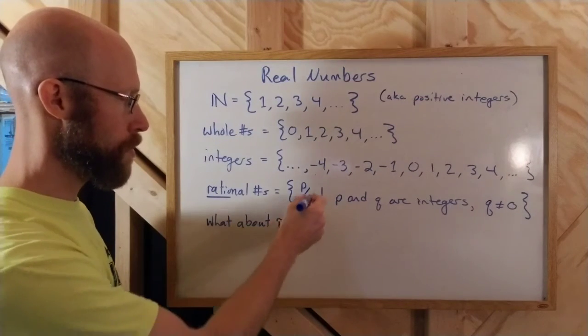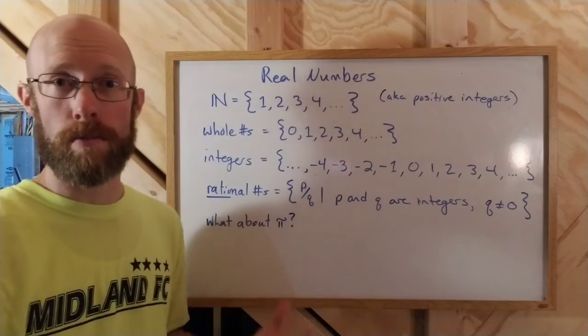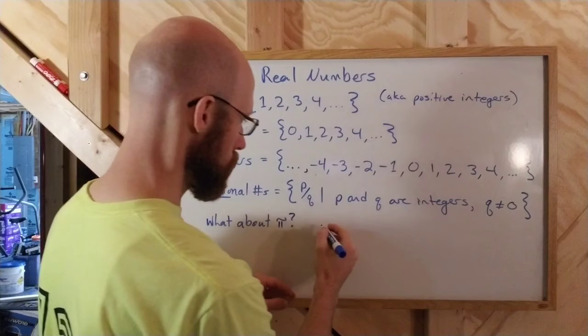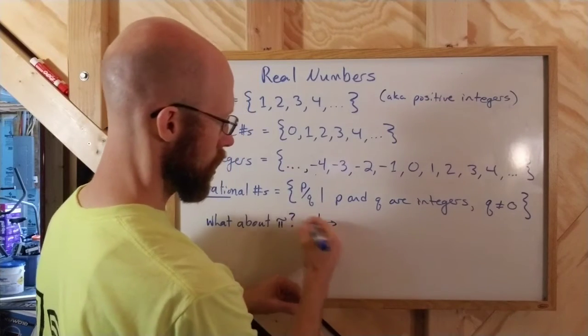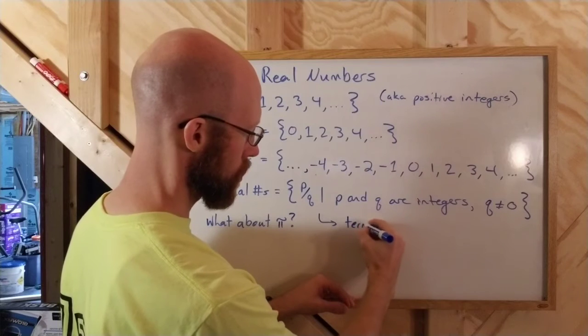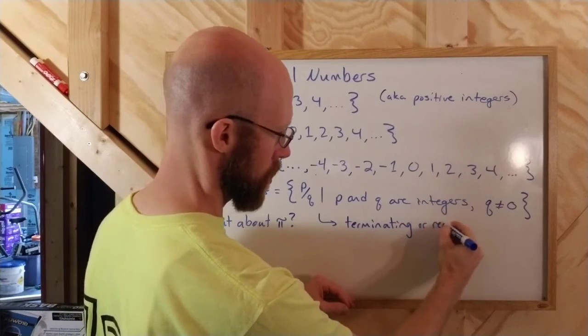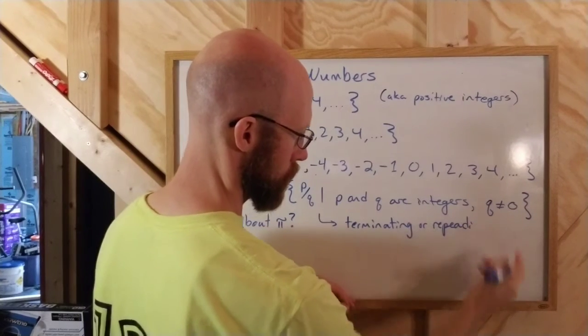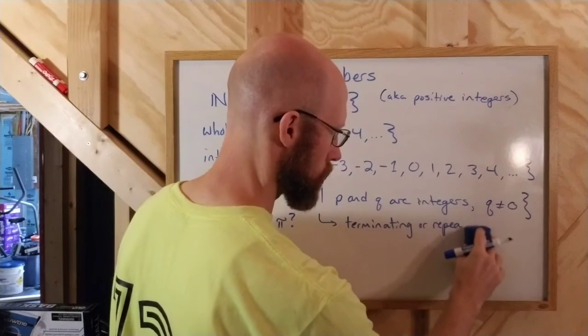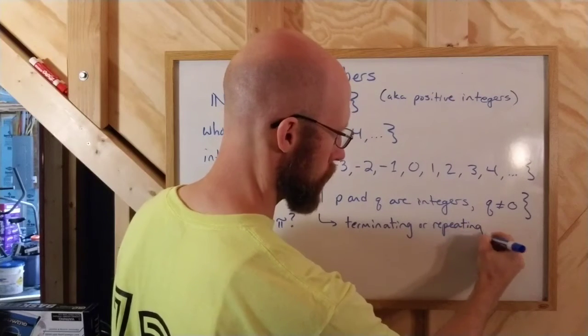And so another representation of fractions is decimals, right? Well, the rational numbers have what we call terminating or repeating decimals.